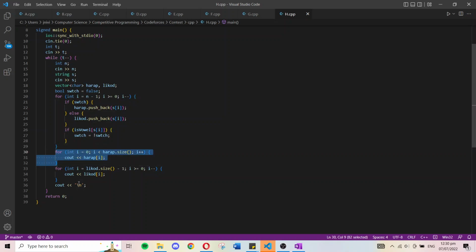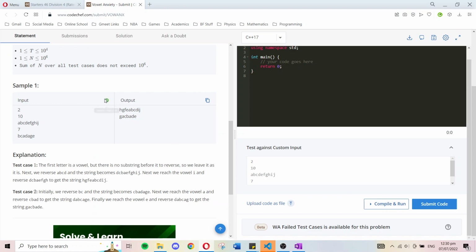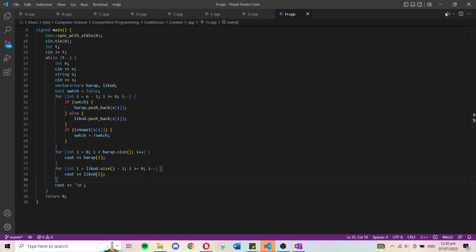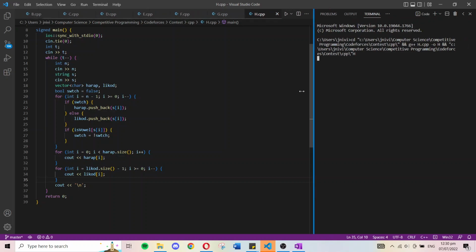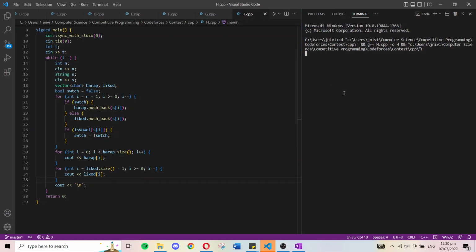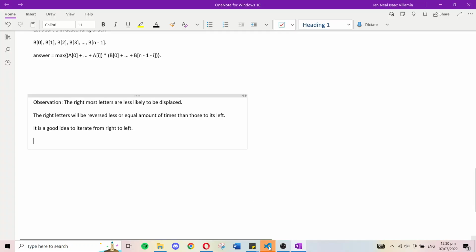So we just print out the front and then the back. And then let us see if this works. Okay, so it works. And that's pretty much it.